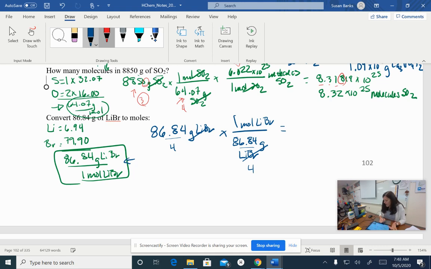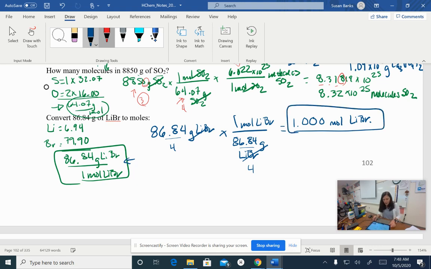So that means I need 4 sig figs in my answer. So how do I make 1 4 sig figs? I do it with zeros. 1, 2, 3, 4. So I'm going to need 3 zeros there. Moles of lithium bromide. Okay, hope this was helpful.